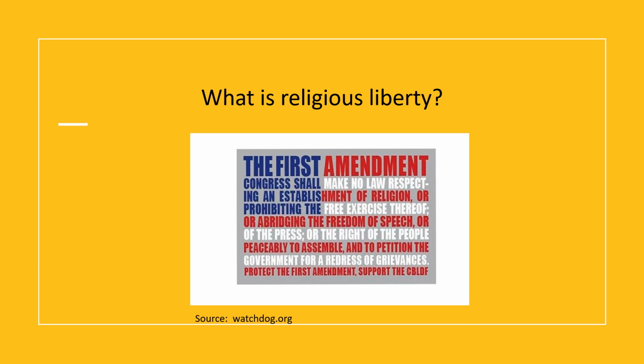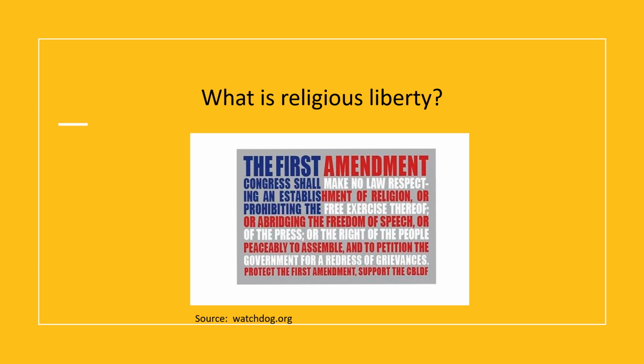Congress shall make no law respecting an establishment of religion or prohibiting the free exercise thereof. Now what follows after that says that government shall make no law that abridges freedom of speech, freedom of the press, the right of the people to assemble and to petition the government.